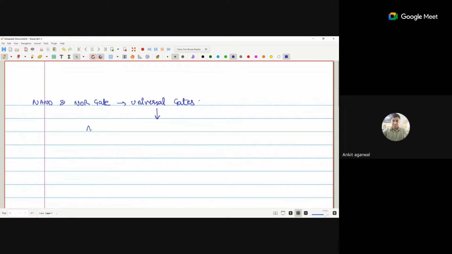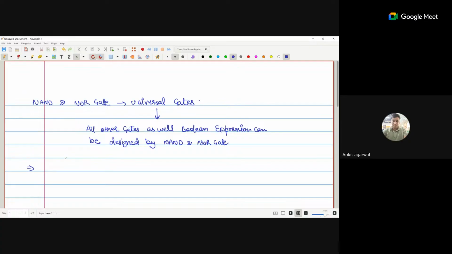Because all other gates, as well as Boolean expressions, can be designed by NAND and NOR.